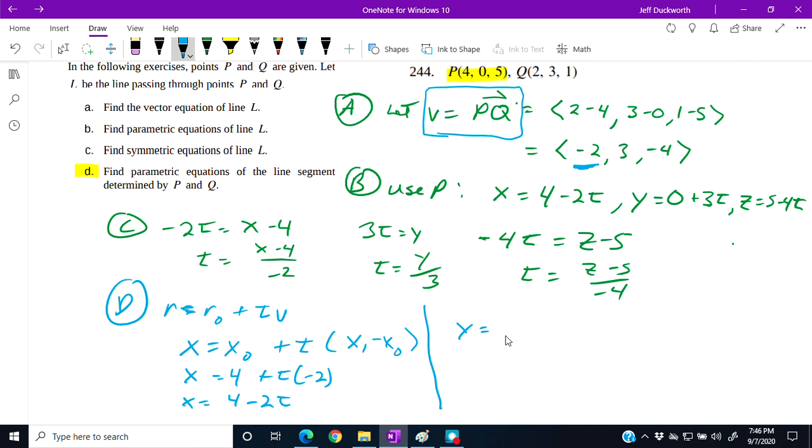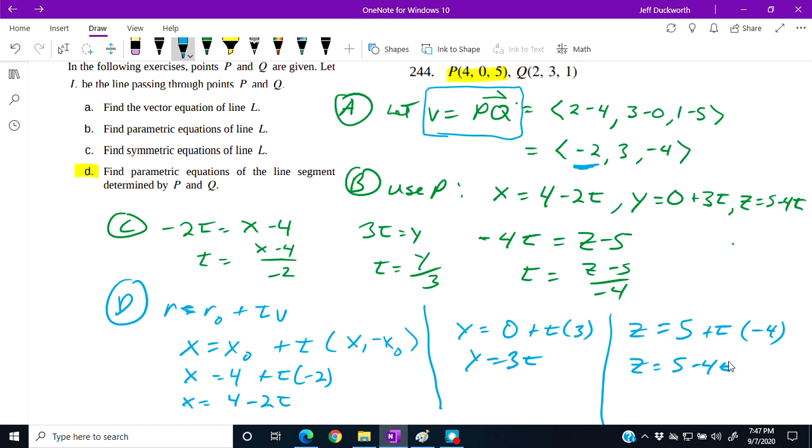Our second value will be 0, and then our vector yields 3, so plus t times 3, which means y equals 3t. And our z, our original z was 5, and then our vector gave us -4, so 5 minus 4t. And these are going to be the parametric equations of just the line segment determined by our 2 points here.